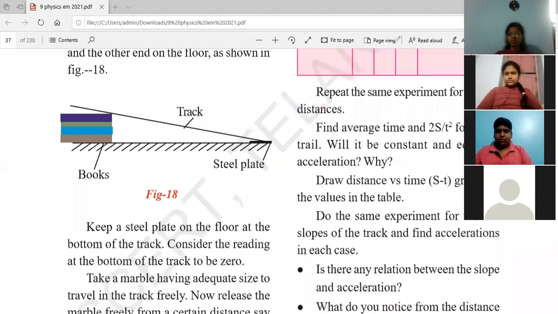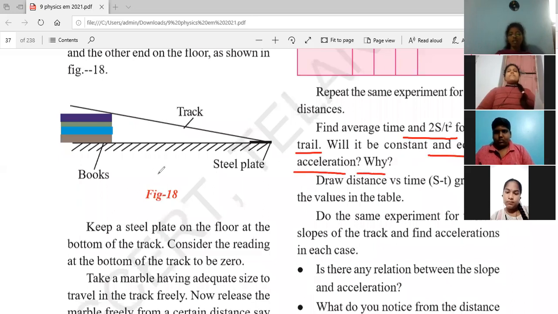So here we find the average time and 2s by t square for every trial. Will it be constant and equal to acceleration? Here it is changing. It is increasing. 0.8 we got, and 1.5 something and 2.4 something. Every time it is increasing.